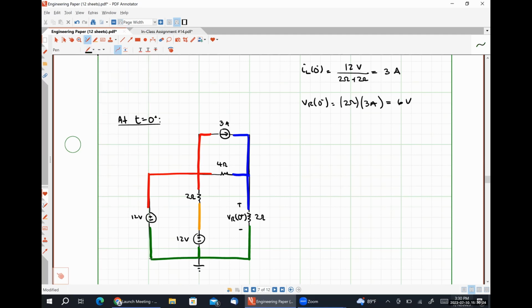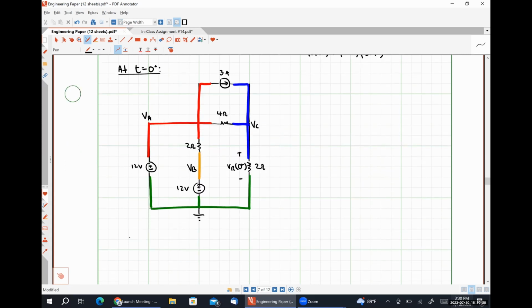Let me label some things here. So let's call this A, B, and C. VA is 12 volts. VB is 12 volts. So I really just need to do KCL at node C and I'm done. And this voltage VC is the exact same voltage as the VR that we're trying to find.